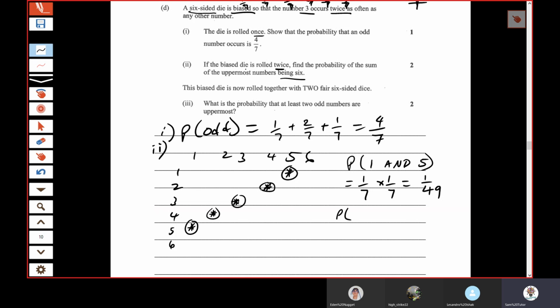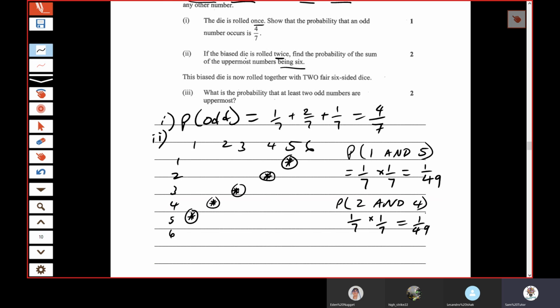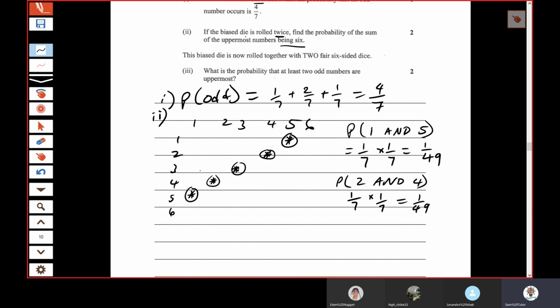Probability of a 2 and a 4 is 1 out of 7 times 1 out of 7, which equals 1 out of 49. And then obviously you guys know the probability of a 4 and a 2 is the same, so times it by 2, times it by 2. Yes, for these ones.